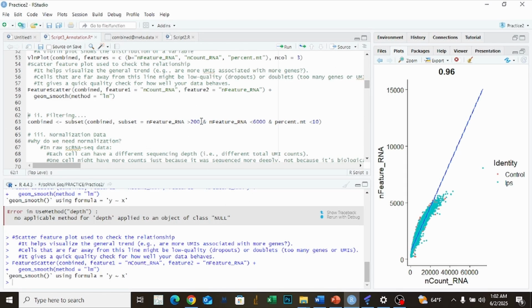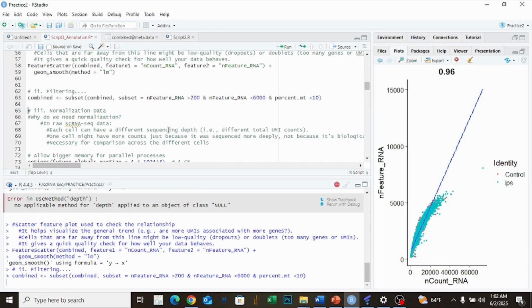Here, suppose we select nFeatures more than 200 and less than 6,000, while percent mito was 5 to 6, so simply we can select less than 10. Now let's run it.